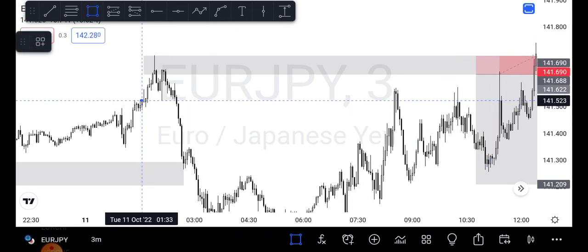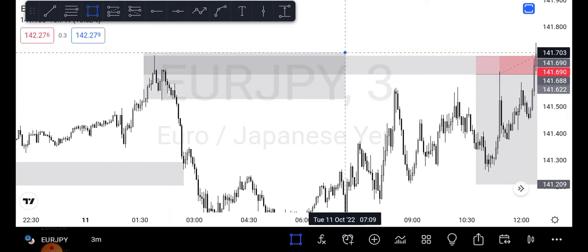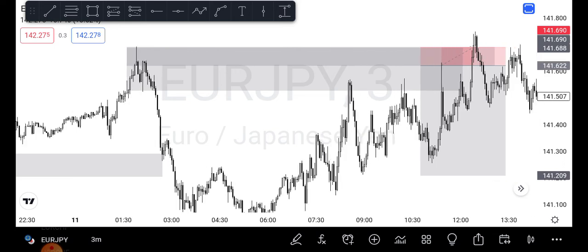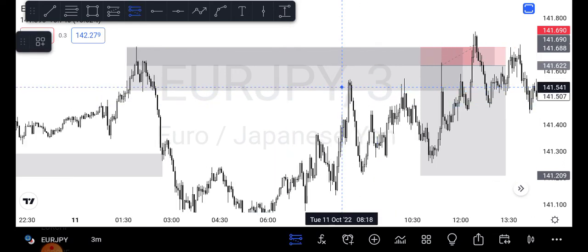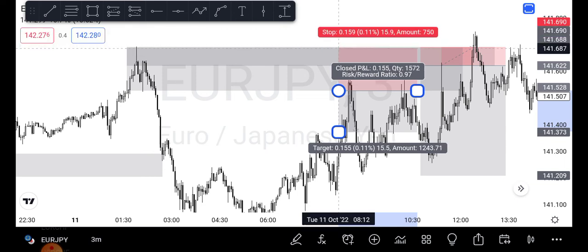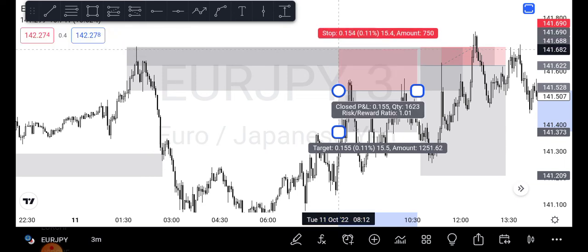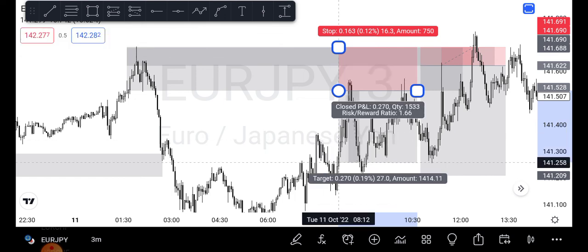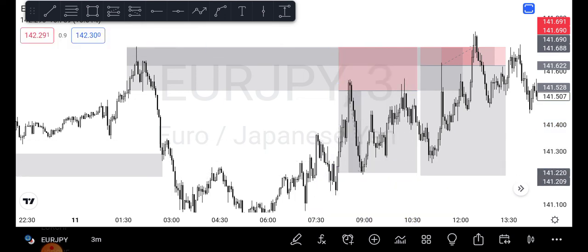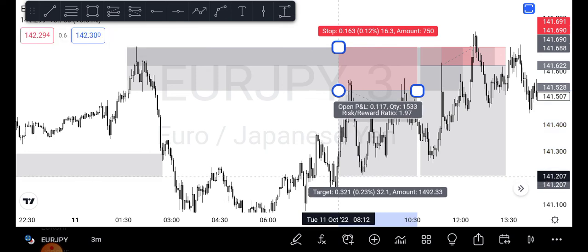I want to point something out. So this whole zone, right? Yeah, this is a good point.